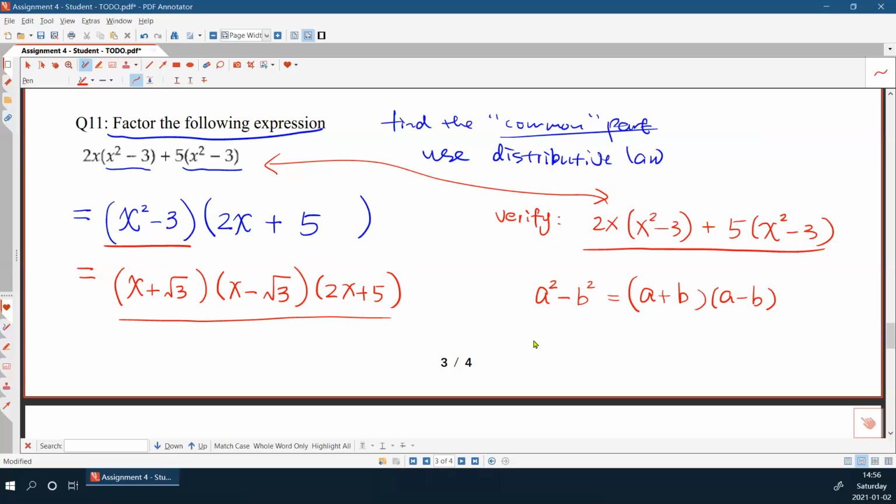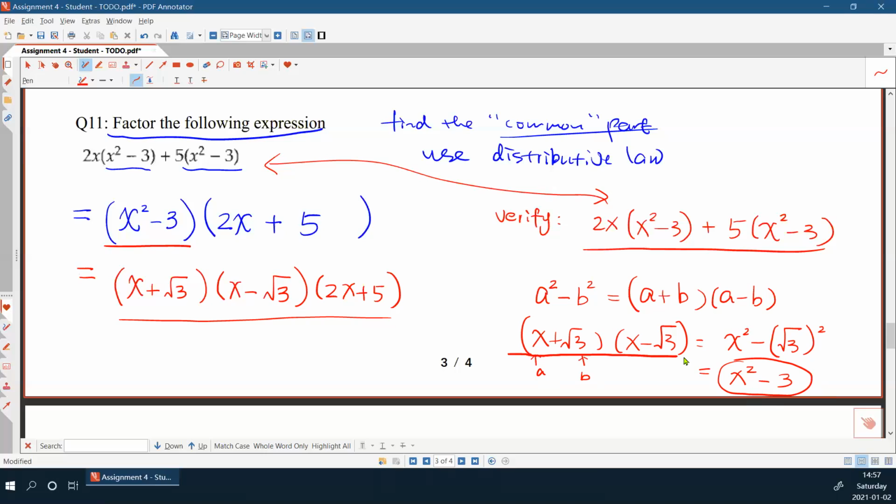So according to this formula, if this is our a, this is our b. This one is x squared minus square root 3 squared, which gives us x squared minus 3, right? So this is why x squared minus 3 can be factored into this multiplication.